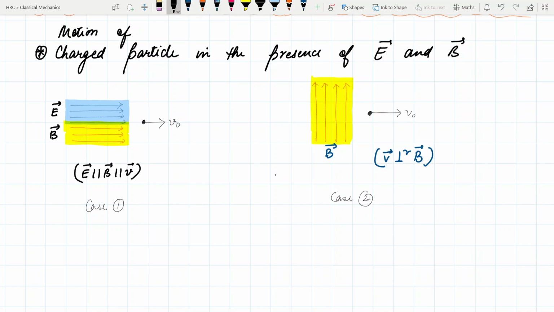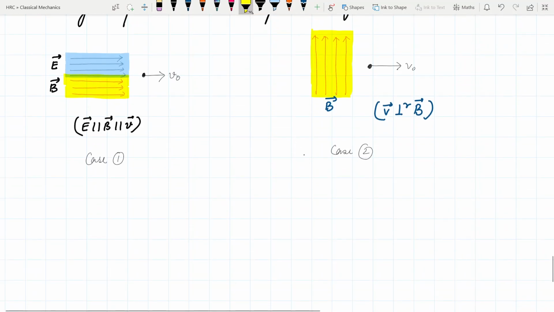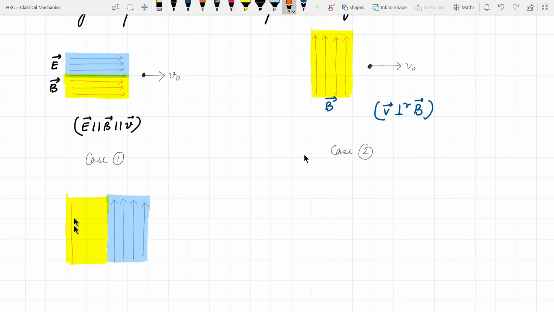The third case is if both electric field and magnetic field are parallel to each other and perpendicular to the particle that is in motion.